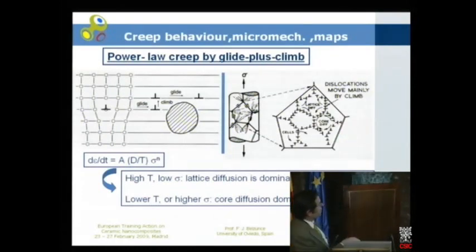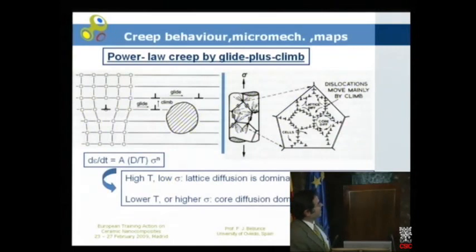So the expression which is related directly with this micromechanism is this one, in which the strain rate is directly proportional to the diffusion coefficient, and there is also a dependence on the stress with an exponent n, which is between 3 and 8, as I have shown you before. There are also two possibilities regarding this micromechanism, which are named high temperature creep and low temperature creep.